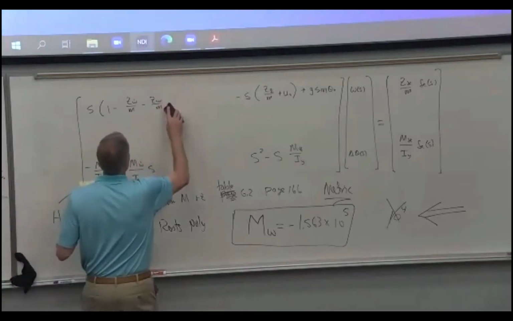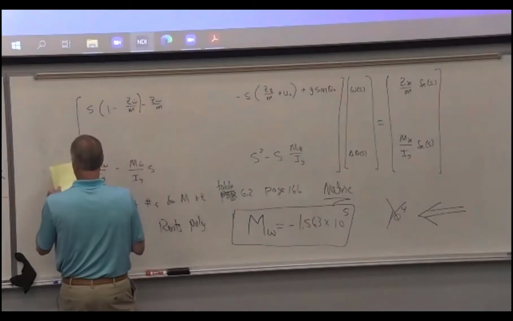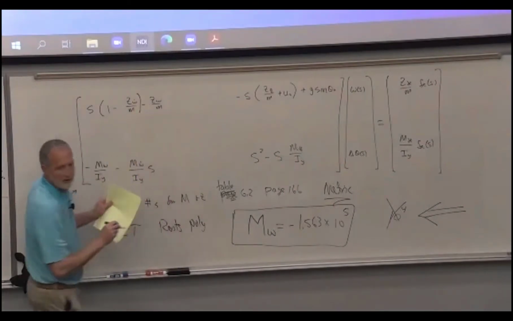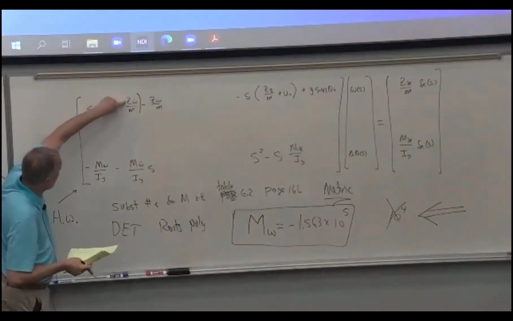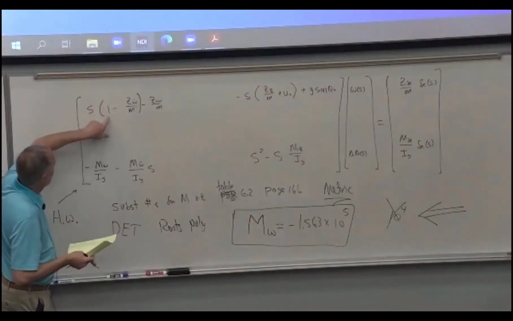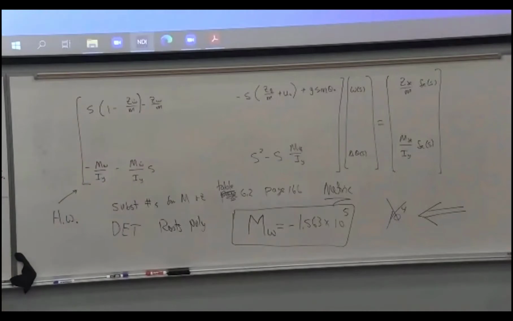You're right, the parentheses should be like that. Yeah, it's because there's an s, because this was W dot, and then this was W dot of s here. You're right. So sorry about that. Thanks for catching that.